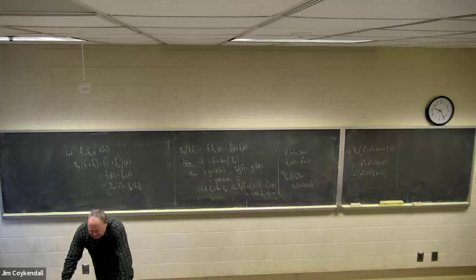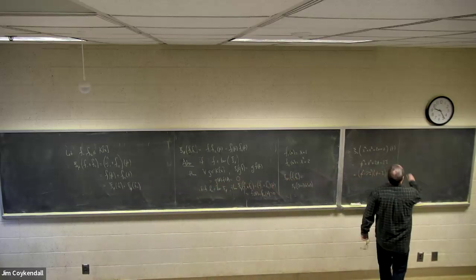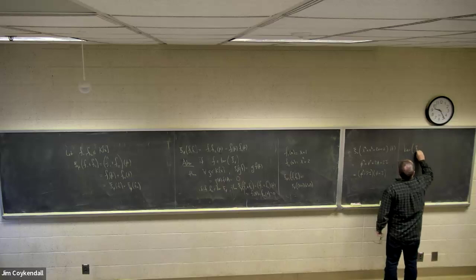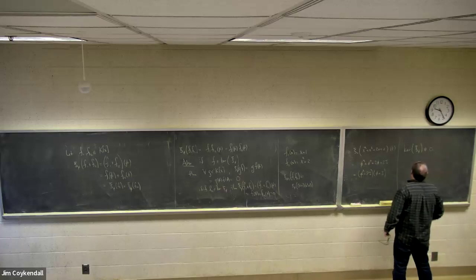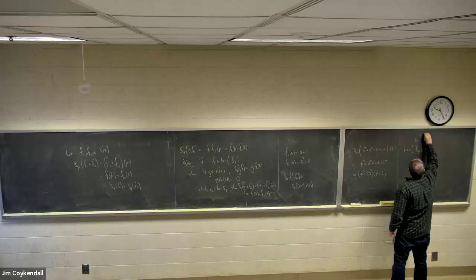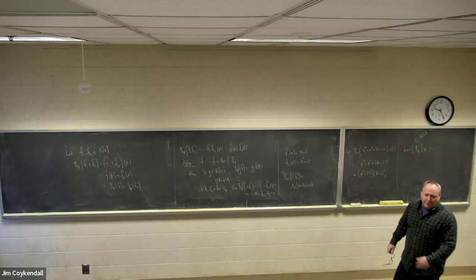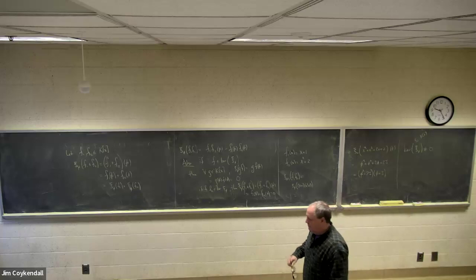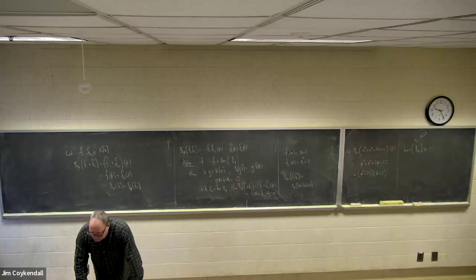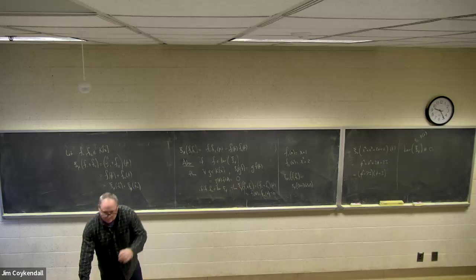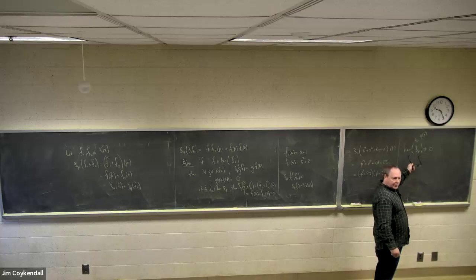Okay. So the kernel, as per the observations earlier, and this, of course, is in KX. We've seen that this is an ideal. And what do you know about the structure of KX from a ring theoretic point of view? This is the non-zero principal ideal, right?